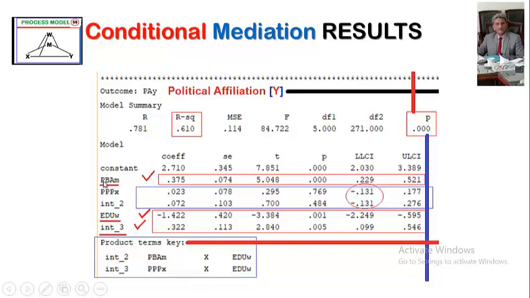For example, the perceptions about benefits of affiliation is significantly affecting political affiliation. It is predicting the political affiliation, while perceptions about political parties and their interaction term 2, these two are insignificant.